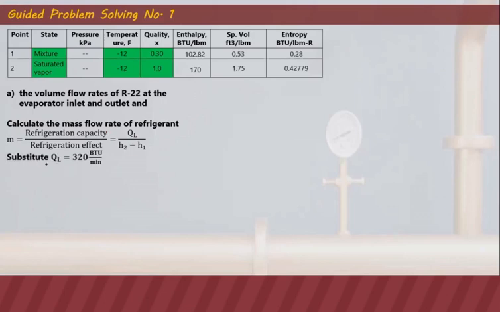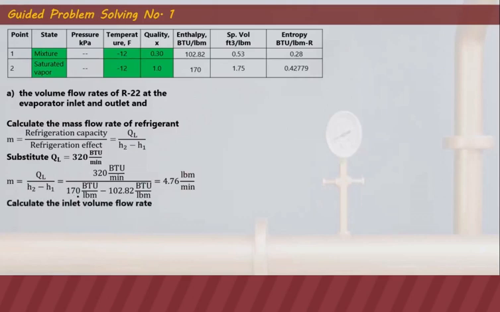From the given, the refrigeration capacity is 320 BTU per minute. This is the heat that we are extracting from our cold space. Substituting the values from the given, we get the mass flow rate as 4.76 pound mass per minute. We use this to get the inlet volume as well as the outlet volume.